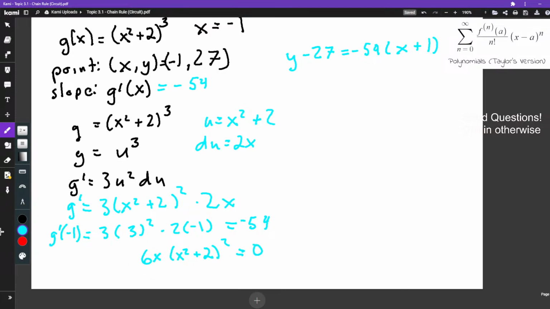Well, the fact of the matter here is this only will equal 0 if this is equal to 0 or this is equal to 0. So 6x equals 0. That means x has to equal 0 because you divide by 6, you get 0. The other one, x squared plus 2 equals 0, we get a solution that's imaginary.